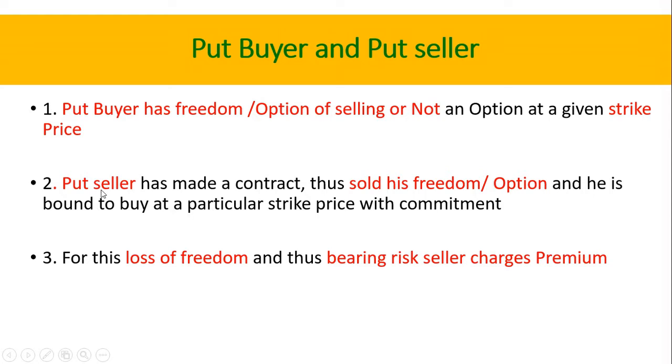So here the put seller is the buyer at a particular strike price with a commitment because he received the premium. Seller has a commitment to buy from the buyer because put buyer is the seller of the option. From this loss of freedom, he is bearing the risk. Seller charges premium. So put seller will receive premium from put buyer.